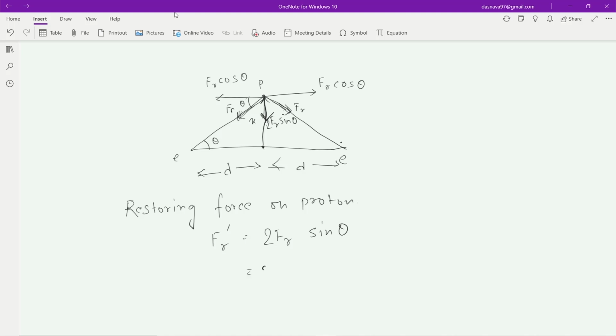equals to 2 into, what is the formula of Fr, the force between two charges?